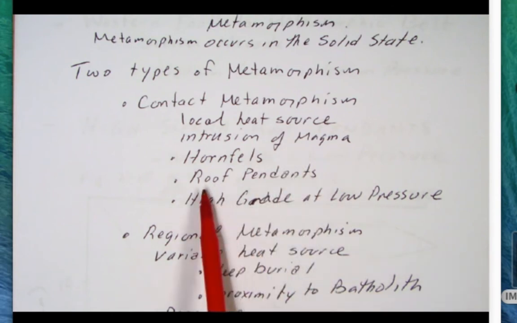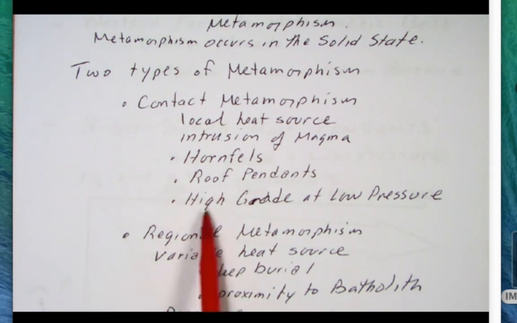And in the High Sierra Nevada, because the batholith had many plutons, many magma chambers intruding the country rock, it has a metamorphic roof pendant, or an area around the batholith that experienced this contact metamorphism. So we'll talk about the roof pendants in the High Sierra.